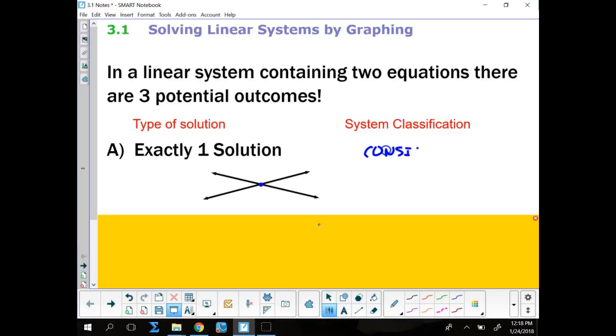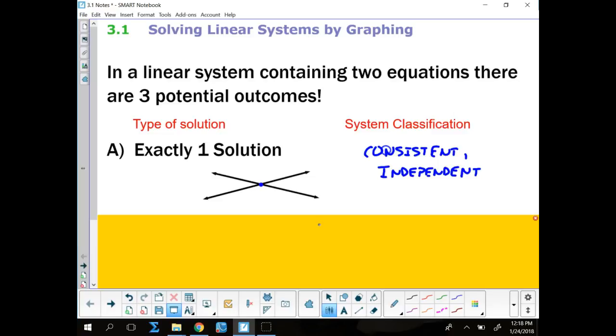Consistent and independent. If the lines meet at one point, we classify that as a consistent, independent system.